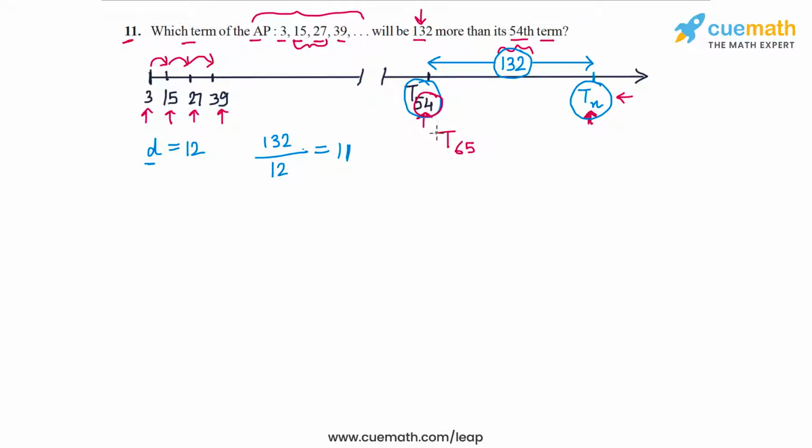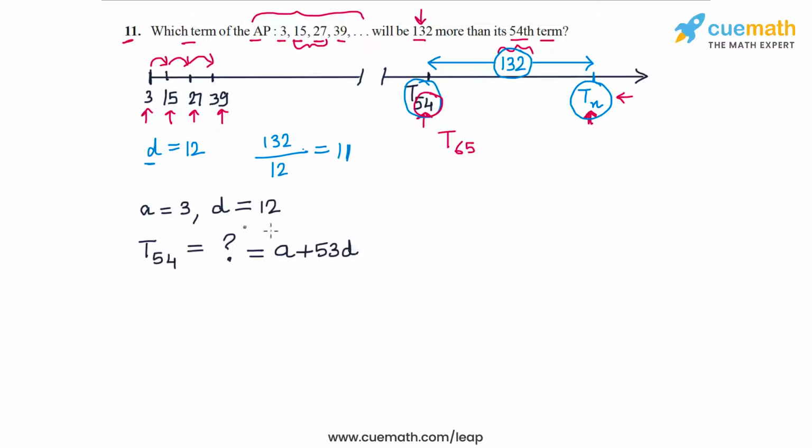Now let's discuss a more algebraic way to solve the same problem. So the first term of the given AP is 3 and the common difference is 12. Now one algebraic approach could be to find the numerical value of the 54th term, and this will be equal to A plus 53D.